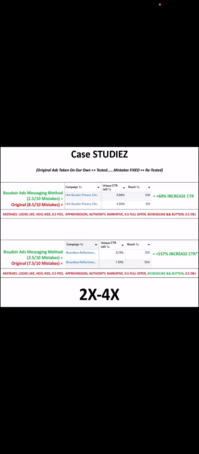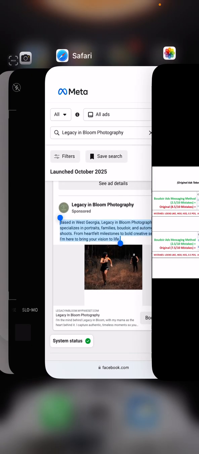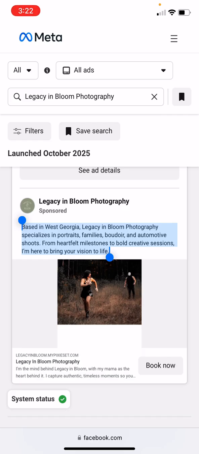And we're getting two to 4x the amount of people actually responding to the ad, and the people are more specific, so they're better quality. So a higher volume of more specific, better quality people coming through. There are 10 mistakes that I looked through on this.